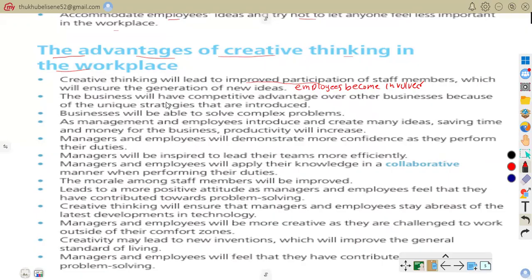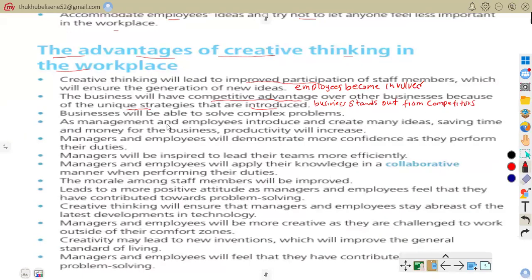The business will have a competitive advantage over other businesses because of the unique strategies that are introduced. So it gives competitive advantage: the business stands out from competitors.